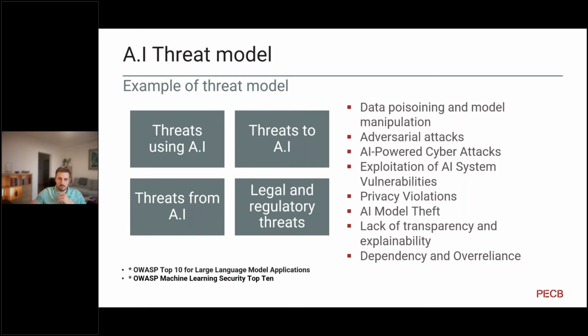The last two threats can be linked to lack of transparency and explainability. Many AI systems, particularly those based on deep learning, are often seen as black boxes with limited transparency. You put data in, but you don't know how it works.